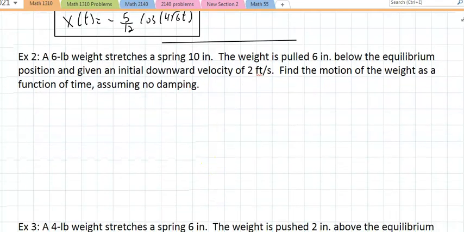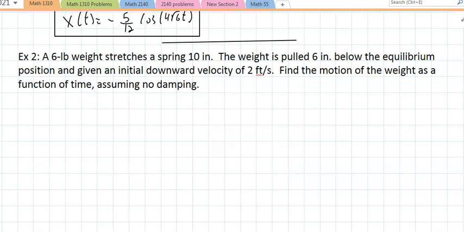Here's another one. So let me organize this a bit better. A 6 pound, the force or the weight now is 6 pounds, stretches a spring 10 inches. So if it stretches a spring 10 inches, that's really L, right? But in this case, they like X. 10 inches in feet.